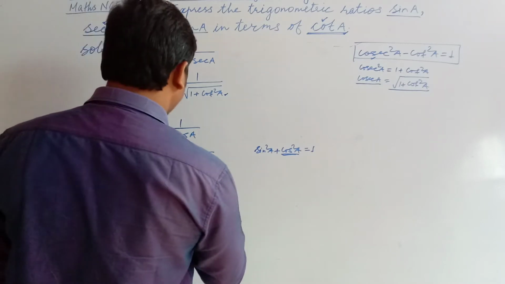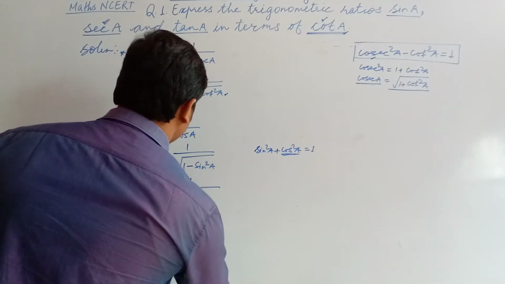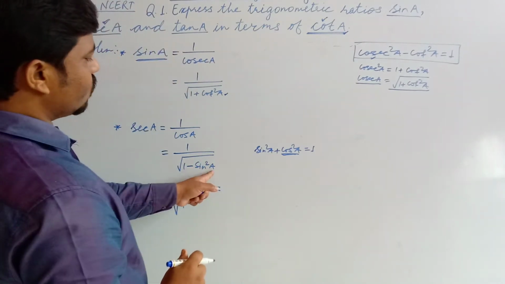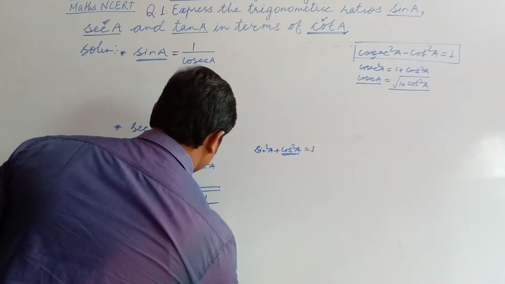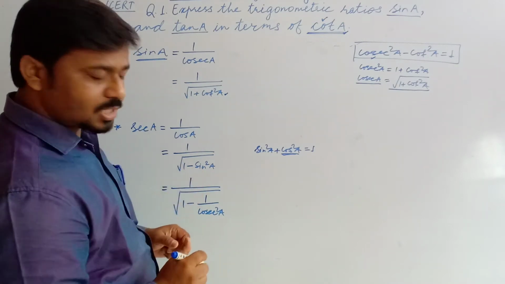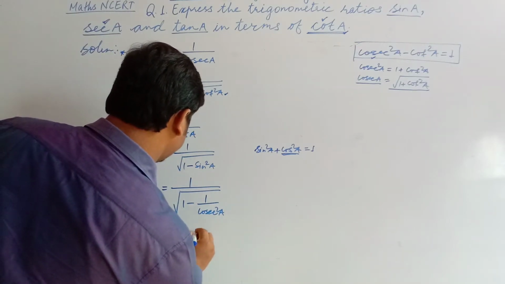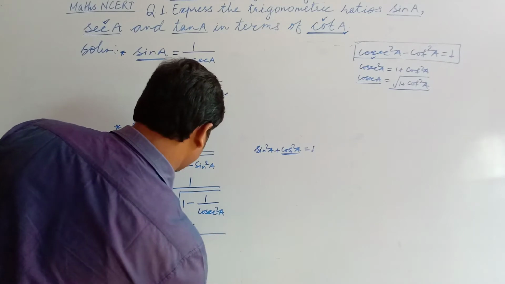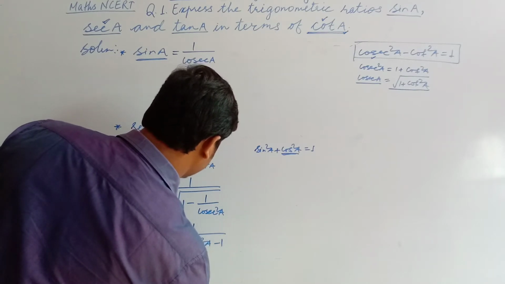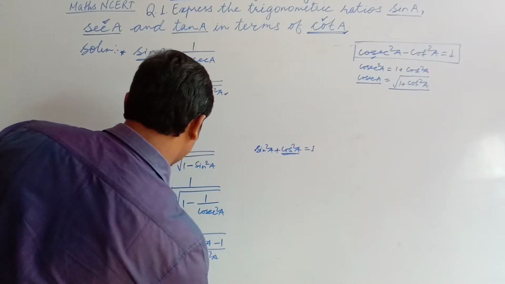Now what will be here? Here we will write 1 upon under root 1 minus sin square A, and we will write sin square A as 1 upon cosec square A, because cosec A is the reciprocal of sin A. So next step, cosec square A minus 1 upon cosec square A, and this will be under root.